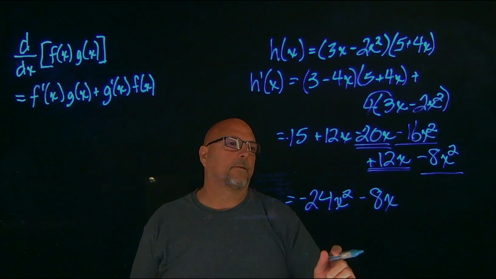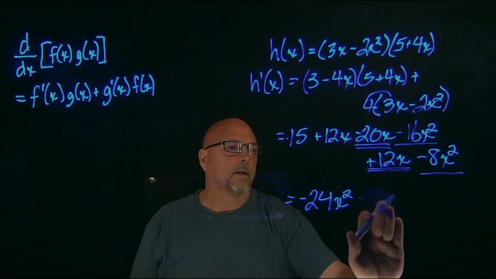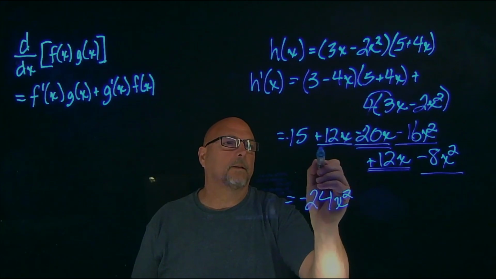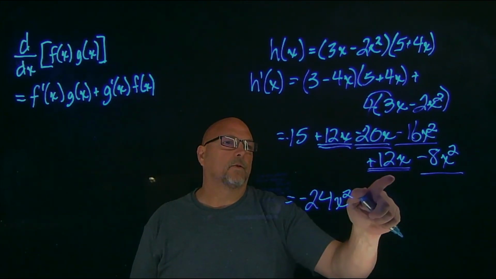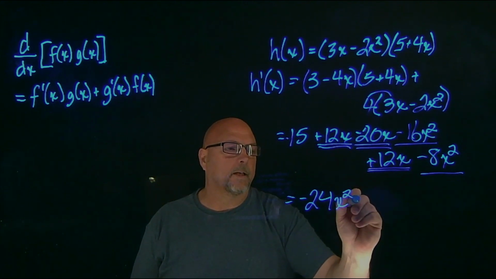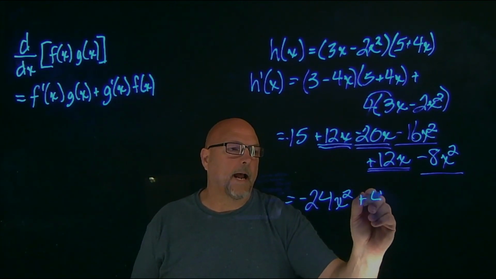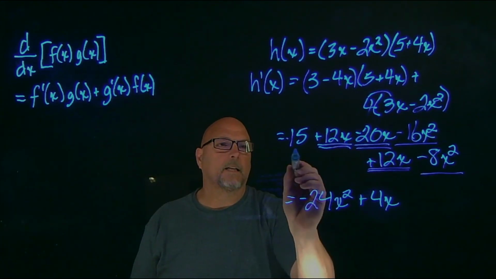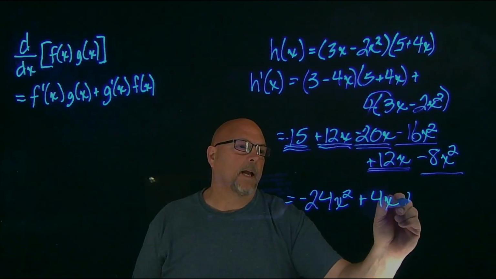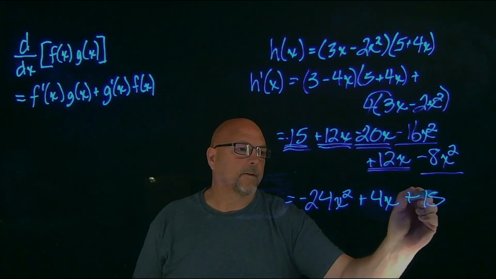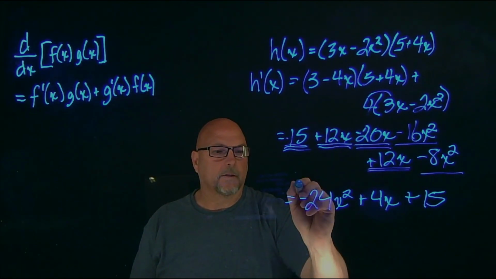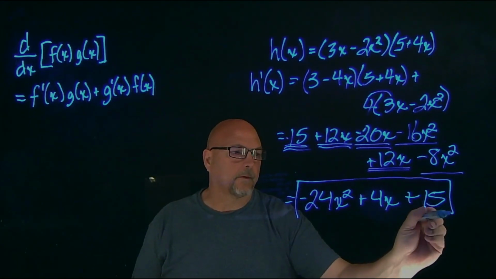And oops, I forgot one, didn't I? That's okay. This is also an x term. So 12 and 12, that gives us 24. And 24 minus 20 is just a 4x. And then last but not least, constant terms. So that would be a plus 15. So when we take the derivative of this, this is our final answer, simplified.